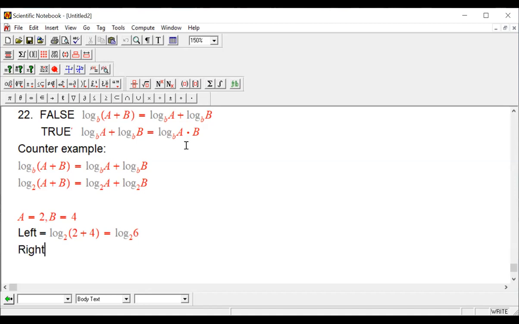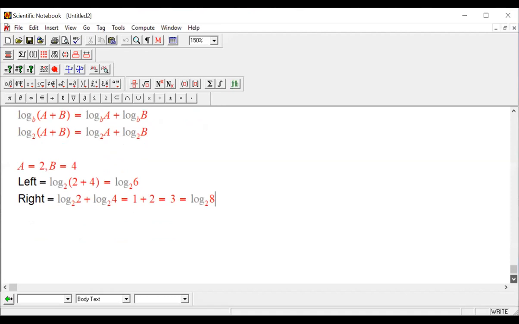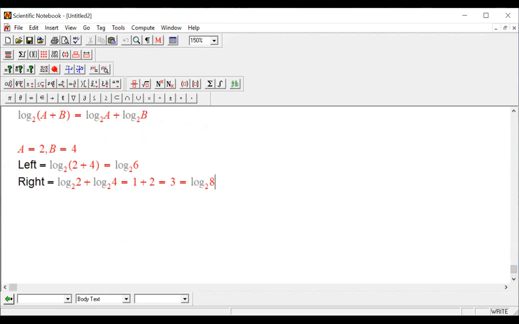And the right-hand side, I will have log base 2 of 2 and log base 2 of 4. So that's going to give me 1 plus 2 equals 3, and that equals log base 2 of 8. Are these two equal? Of course not. Of course not, right? So these terrible mistakes, please don't make them.